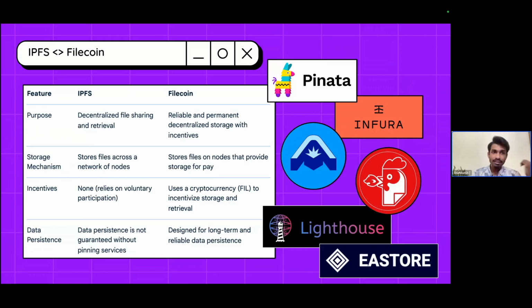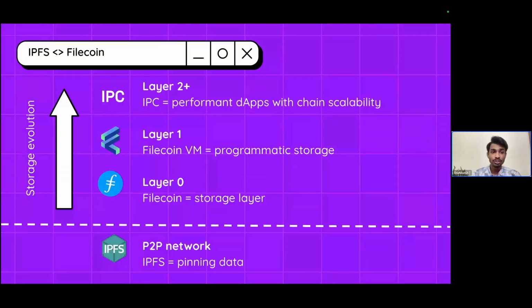So given that we have this many solutions, we can now have a look at how exactly this storage solution evolved from IPFS to Filecoin. So IPFS is the layer beneath Filecoin, and it is a peer-to-peer network that helps you store the data. Now comes layer 0, which is Filecoin, the storage layer.